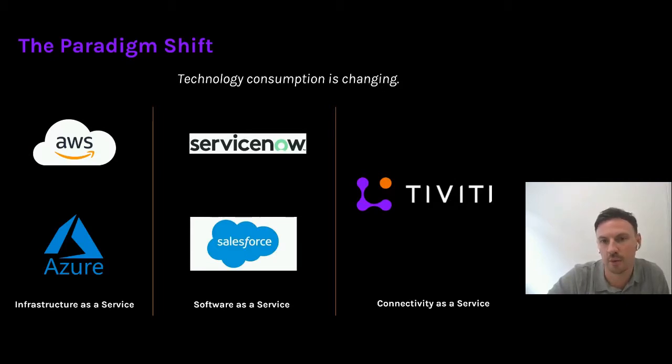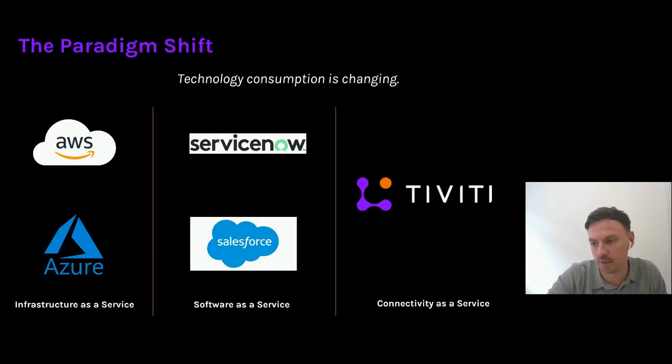And if you think about other areas of IT and technology over time, within servers and on-site infrastructure we've seen a move from on-premise through to CSPs and clouds like the likes of AWS and Azure.